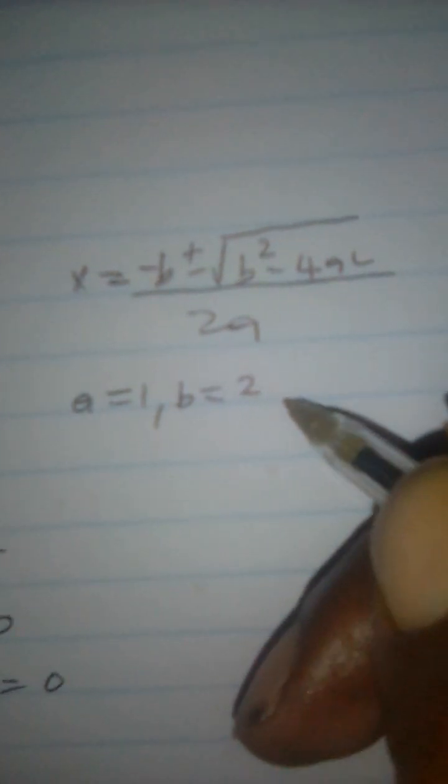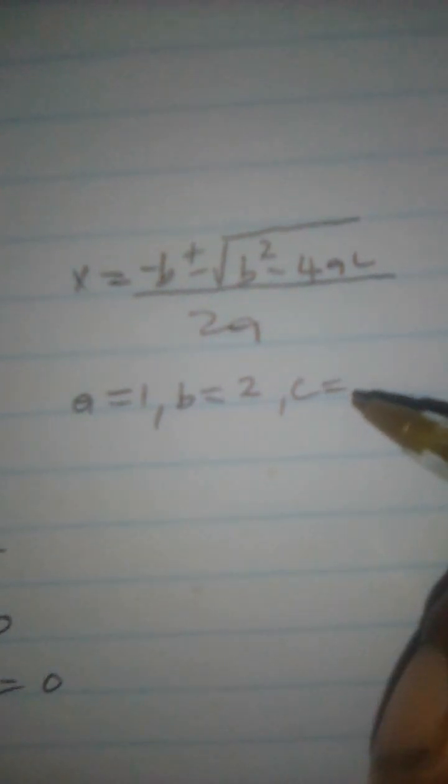Looking at this equation, we can see that a is equal to 1, b is equal to 2, and c is equal to 2.